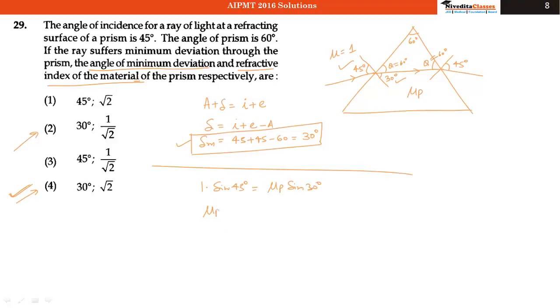So if I say that mu p is equal to sine 45 degree divided by sine 30 degree, putting the values 1 by root 2 divided by 1 divided by 2, it is equal to 2 divided by root 2, which is equal to root 2. So this is our second answer. That means that option 4 is the correct choice. Clear?